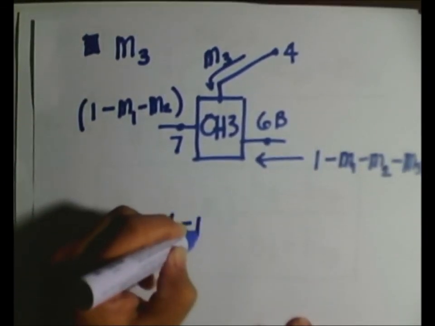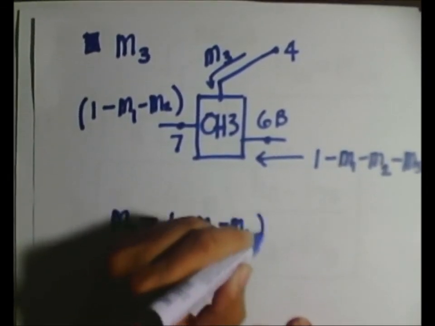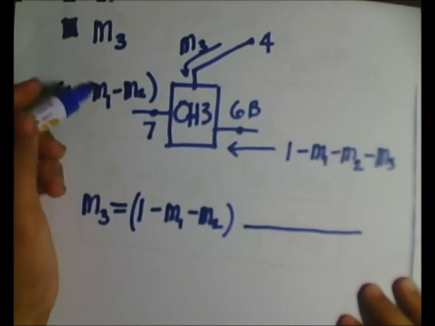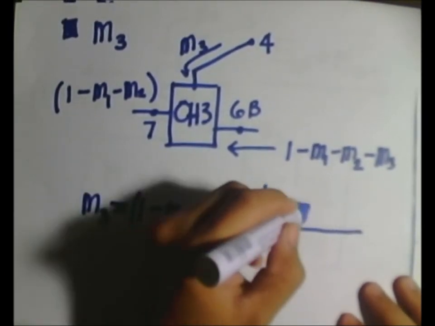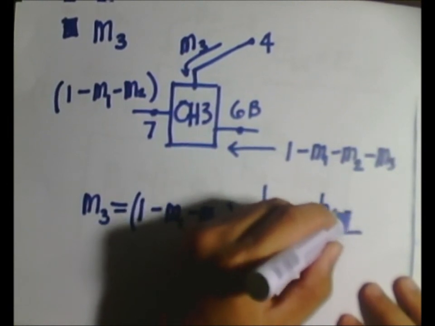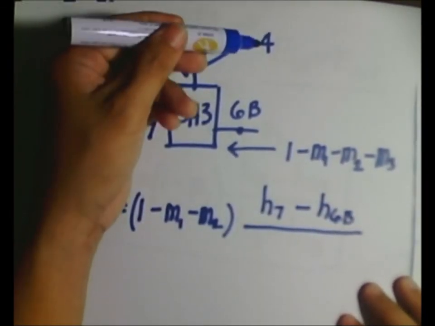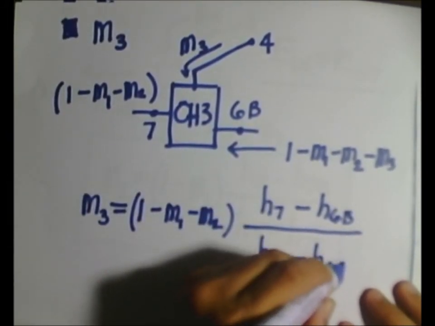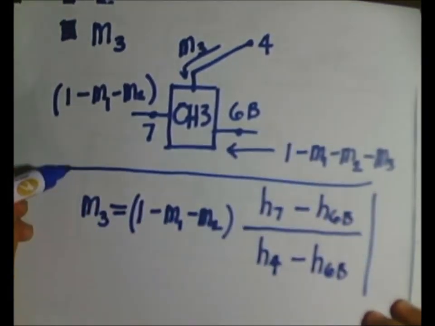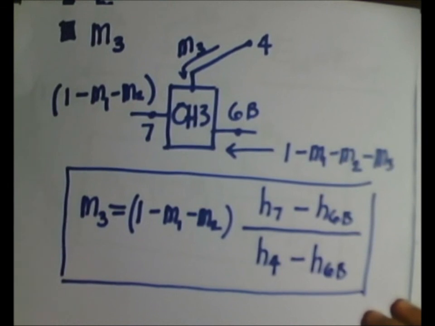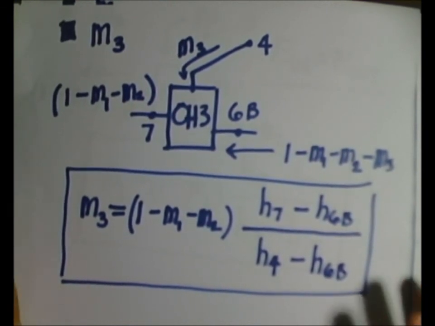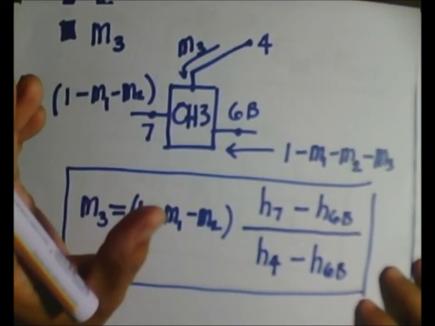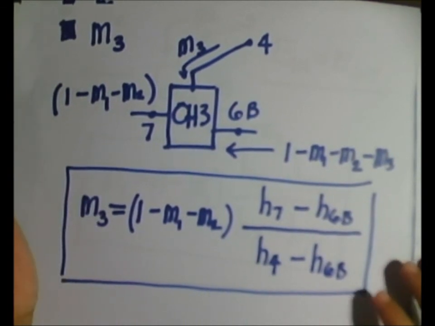This point is 1 minus M1 minus M2, times what is being absorbed, that is H7 minus H6B, divided by what is available, that's H4 minus H6B, so that we are able to calculate right away for the M3 without again having to waste our time in simplifying terms on the conservation principle, energy in equals energy out.